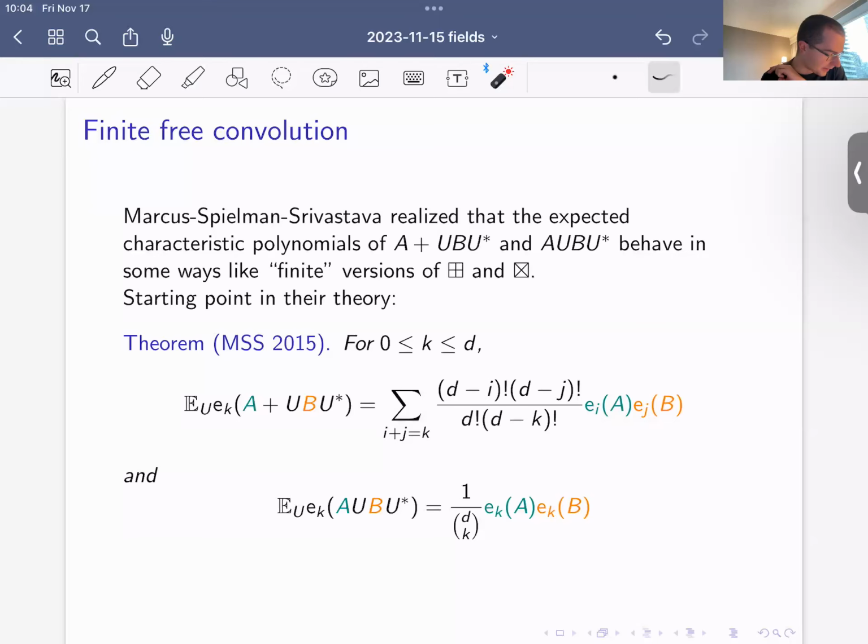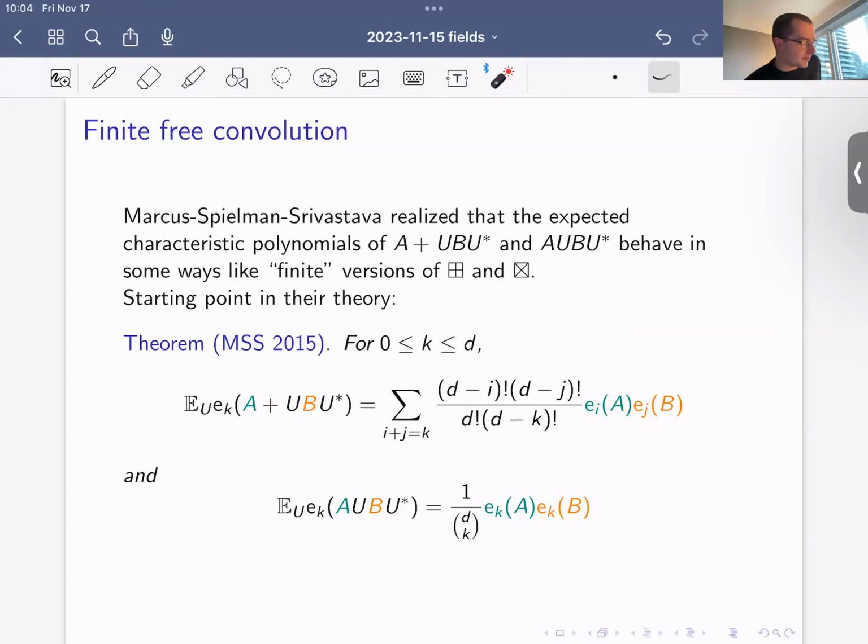And for the multiplication, it's actually much simpler. It's just directly multiplying the coefficients and then normalizing by a binomial. These describe the expected characteristic polynomials of sums and products.